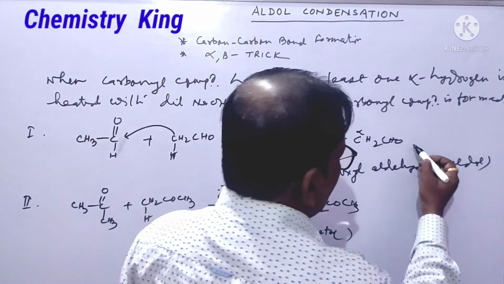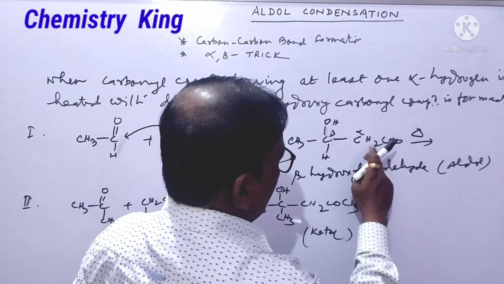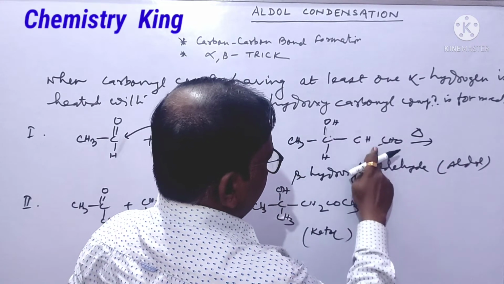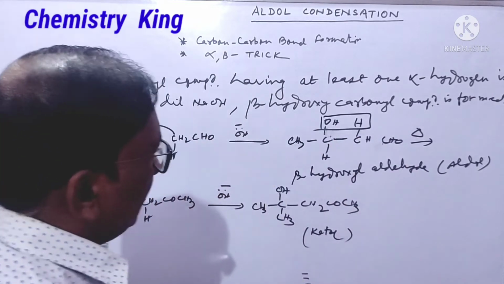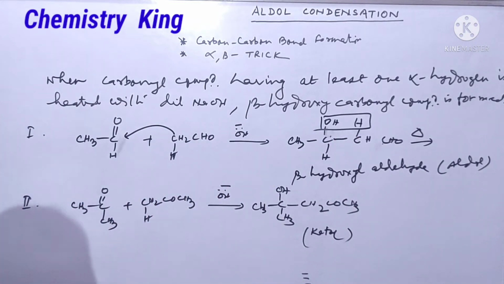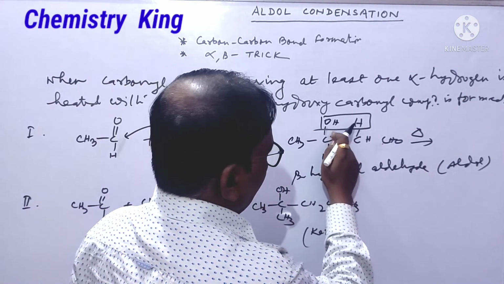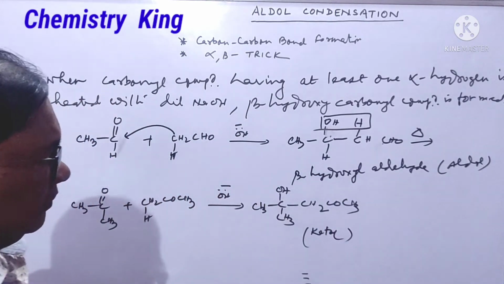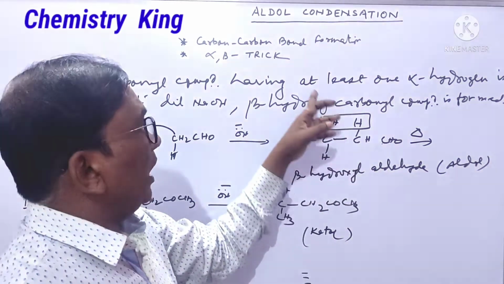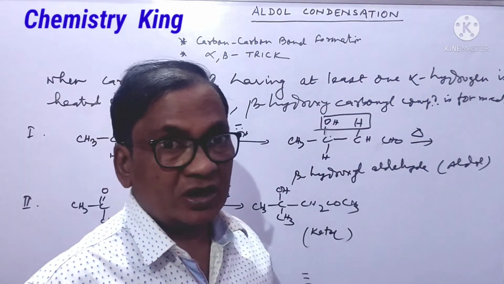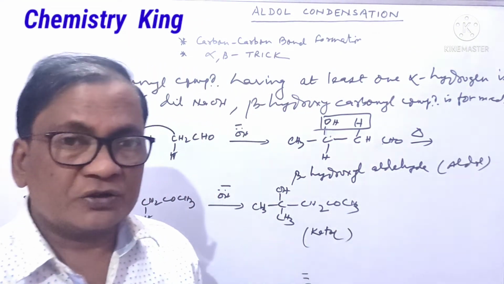And when at high temperature, friends, at high temperature, these H and OH will combine together, leading to formation of water, and double bond will be here. Means alpha beta unsaturated aldehyde you will get. And so again it is alpha beta trick. New bond is formed.